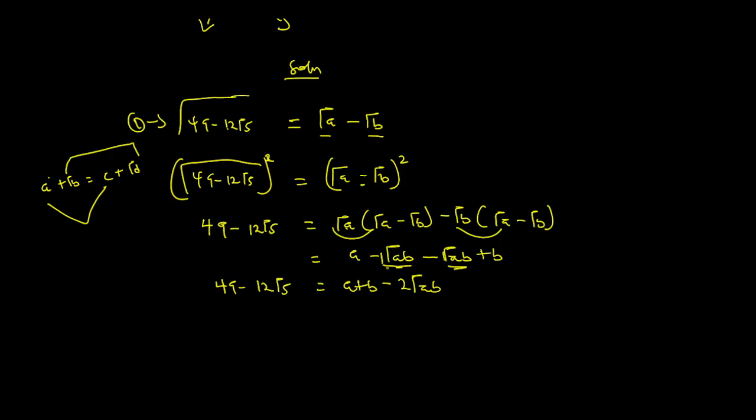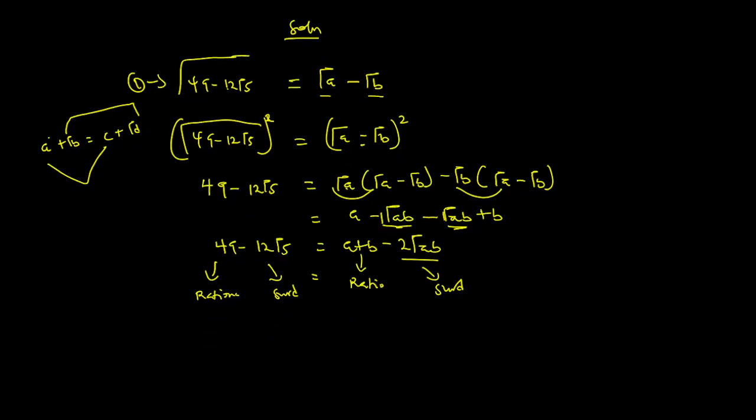Now, can we use the principle of equality of surds? Yes. Here we can see this is a rational part, this is a surd part. And on the left side of the equation, we also have a rational part and a surd part, right?